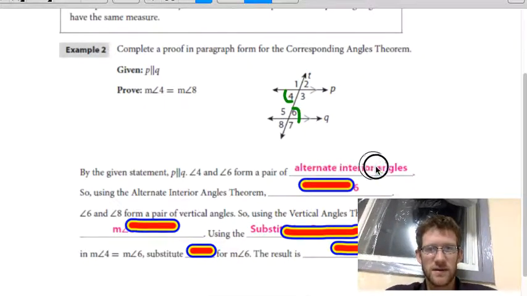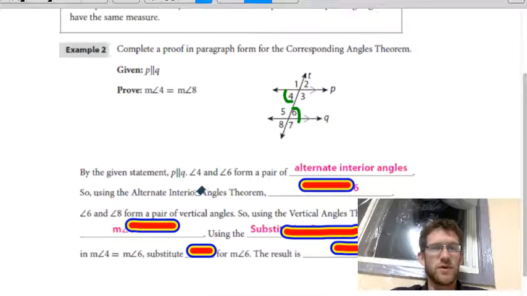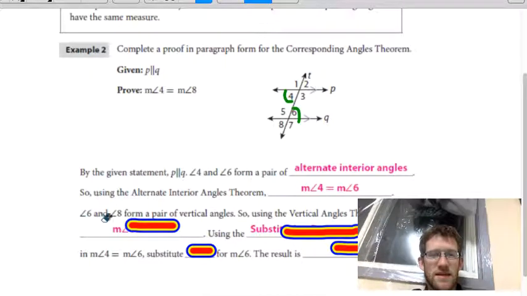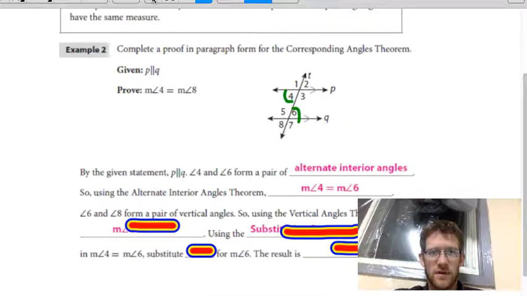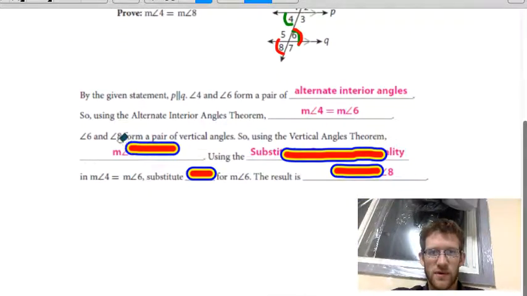Alternate interior angles. Good. So using the alternate interior angle theorem, we can say that they're equal. It says 6 and 8 form a pair of vertical angles. Remember vertical angles? They're opposite each other, so this is 6 and 8. So we can say that those ones are also equal to each other.